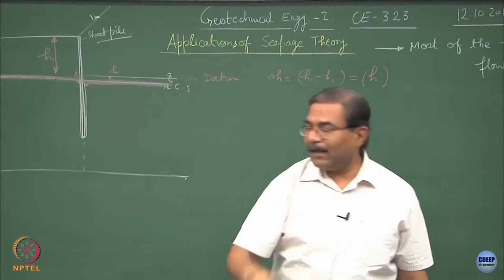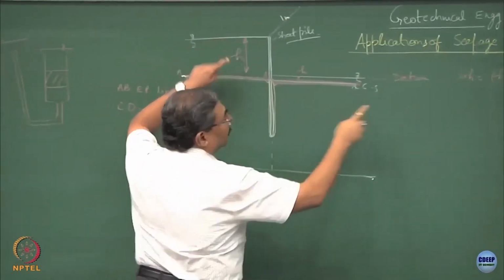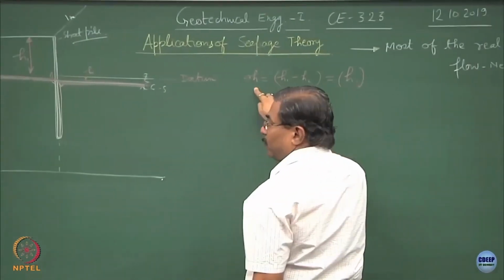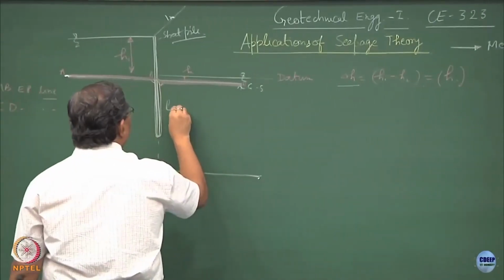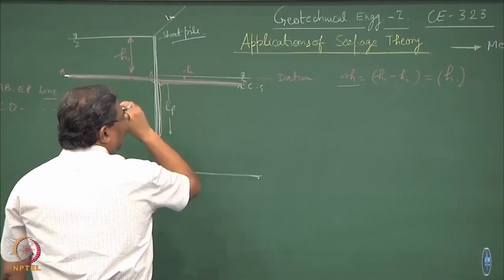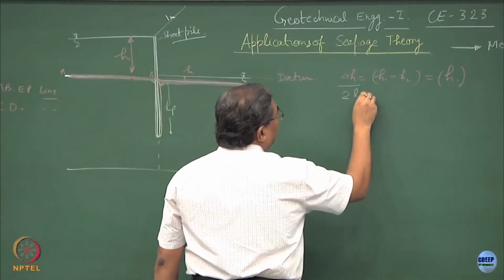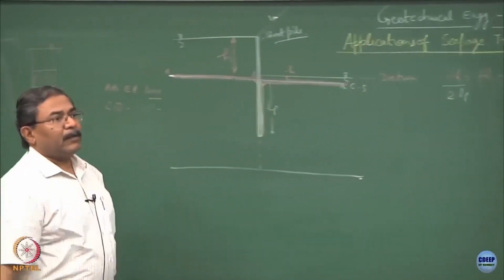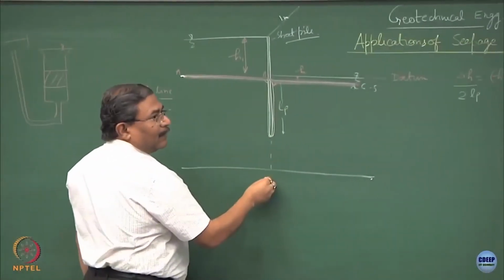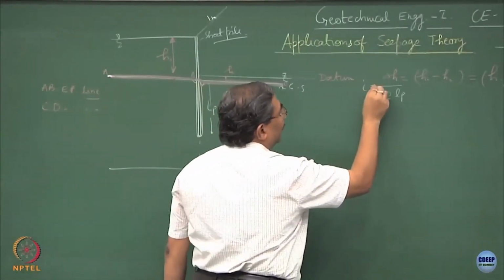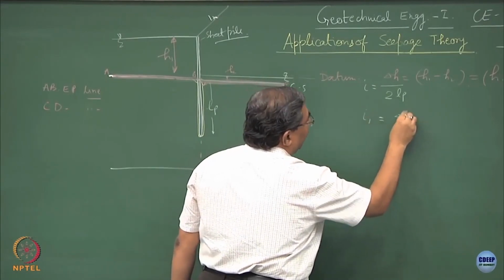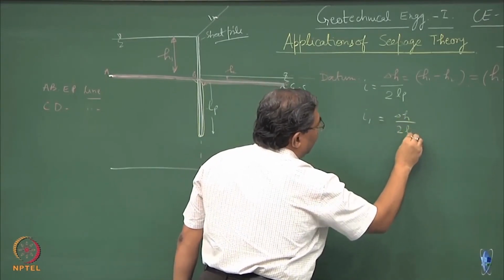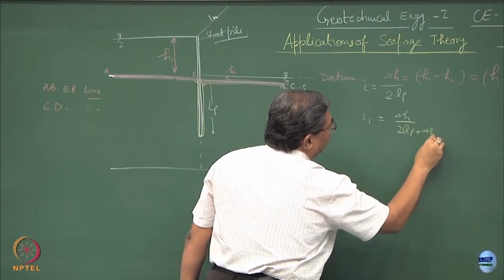H by L. So, what you have done is, for the same delta H which was earlier acting at, let us say, a length of 2 times LP, is this okay? Now, by increasing it, what have I done? I am reducing the i value. So, i1 becomes delta H upon 2 times LP plus delta LP.